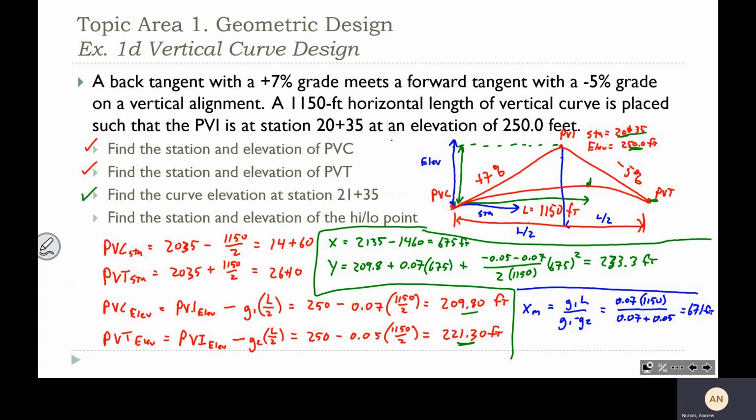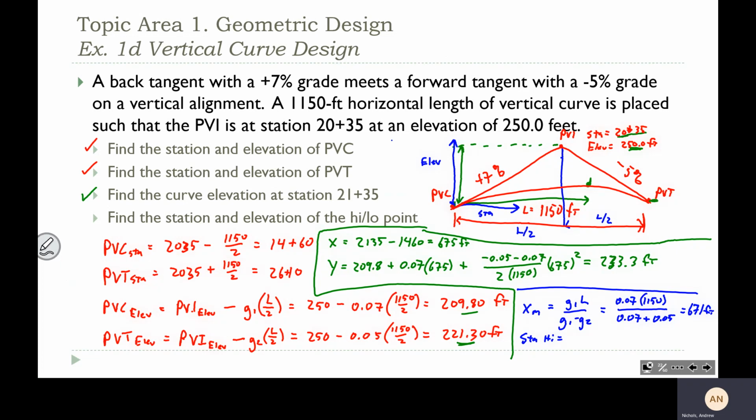So this gives us the X distance. So if we wanted to calculate the station of the high point, how would we find that? What would we do with that 671? That'd just be half of the difference between the PVT and the PVC subtracted from the PVT.